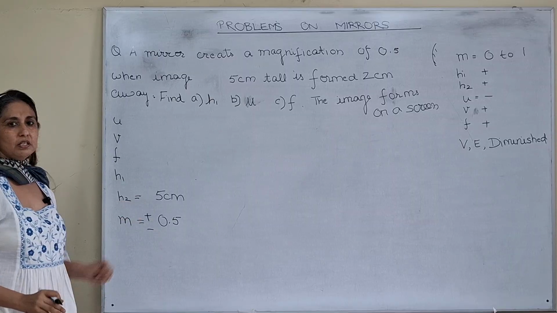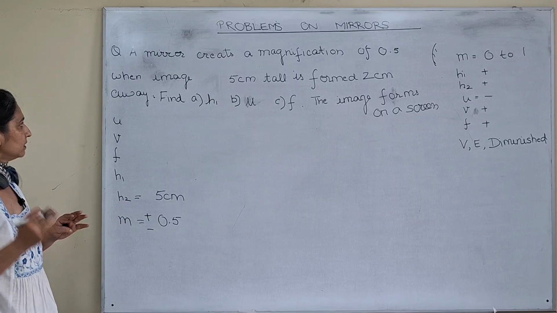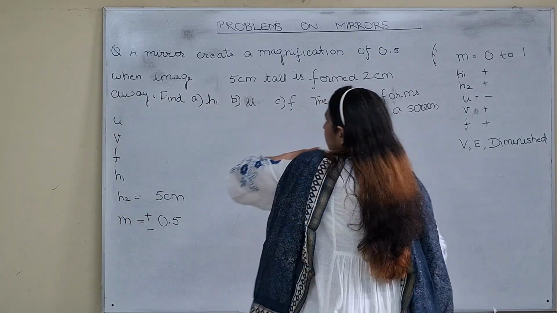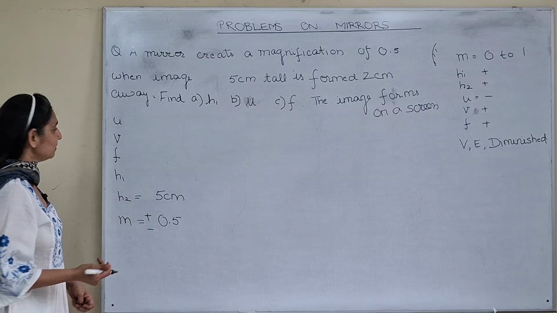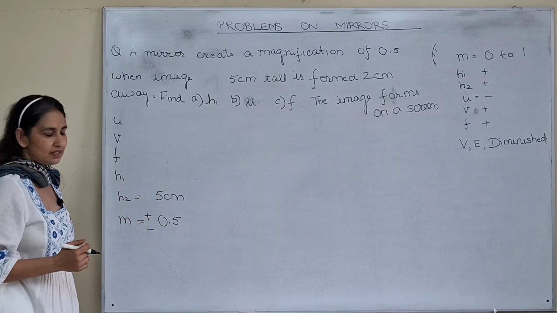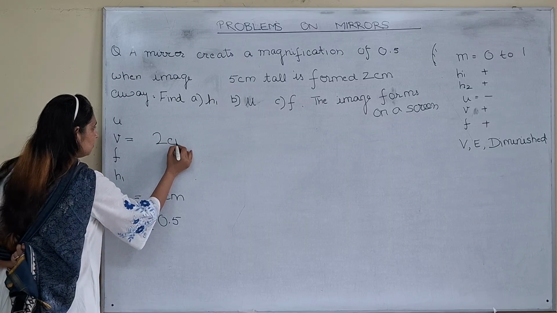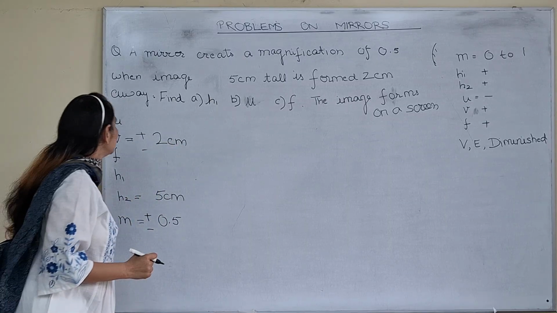Erect होगी तो positive हो जाएगा, inverted होगी तो this 5 centimeter would be negative. Okay, is formed 2 centimeter away. किसी का भी sign नहीं मिल रहा है. The image is 2 centimeter away, so V will be 2 centimeter, but again we don't know. Plus, I think you'll have to add some information.